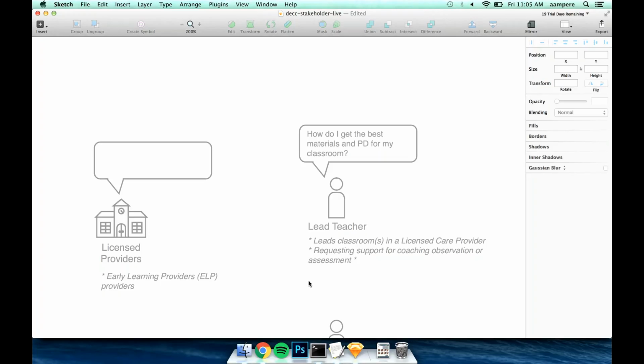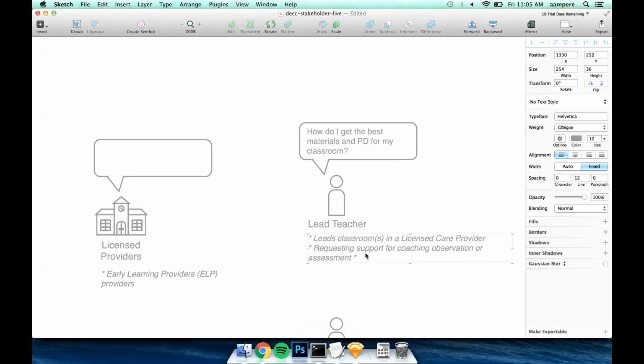So what I'm hearing is that we want coaching recommendations to be front and center for lead teachers, and we want the lead teacher to know what they're supposed to do, not only in EC Connect, but maybe in QRIS and PDIS as well? Yes, I think that'd be great.